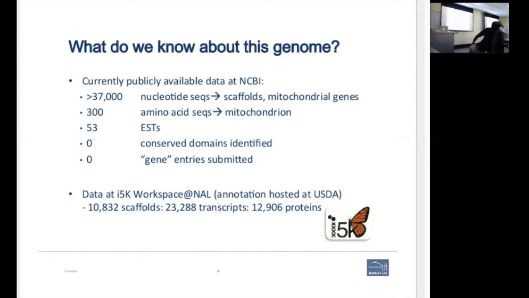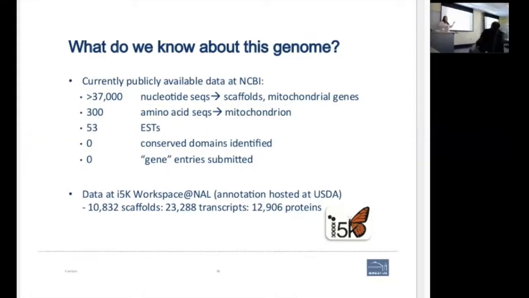In the case of this genome, NCBI has nothing. There are, I think, 50 ESTs, and that's about it. And all of the nucleotide sequences for the genome are actually mitochondrial sequences. So there's not a whole lot in NCBI. But we have a wealth of information over in our own system, which is going to be made available to NCBI when we're done. This is the i5k Workspace at NAL, which sounds very acronym-like and not very clear.